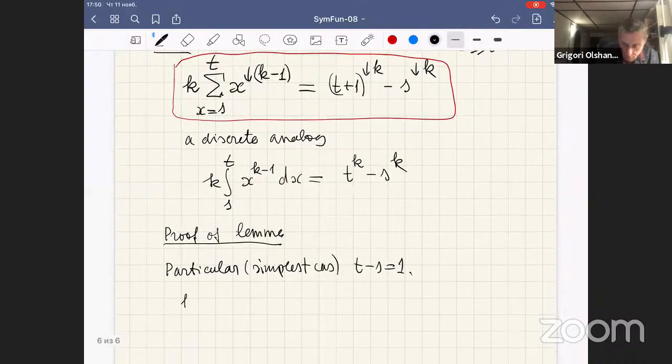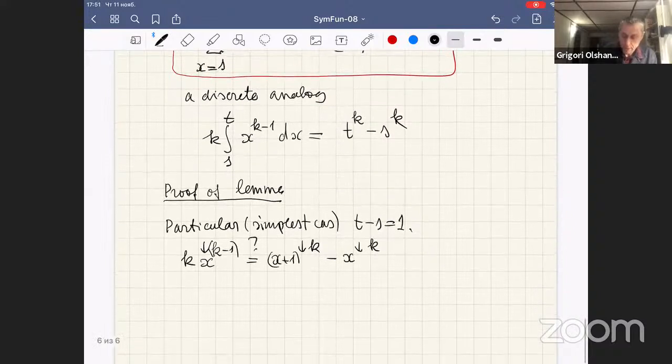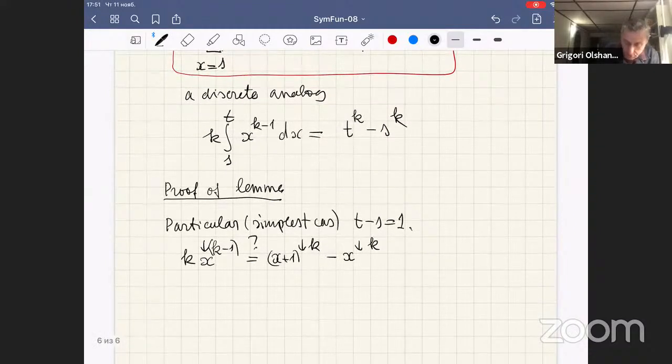Now we have to prove that, but it's easy. Look at the right-hand side.